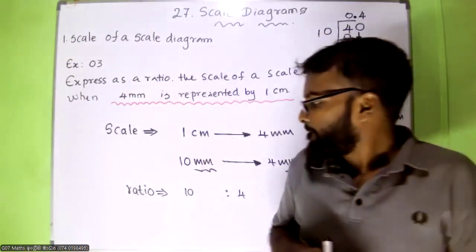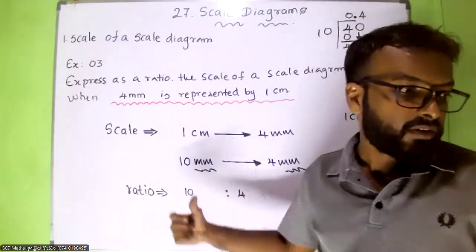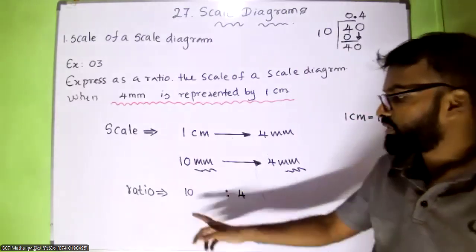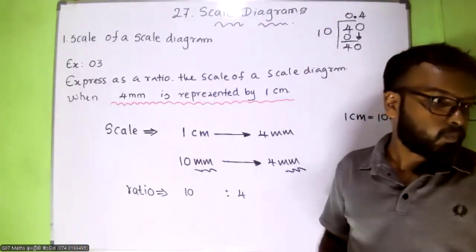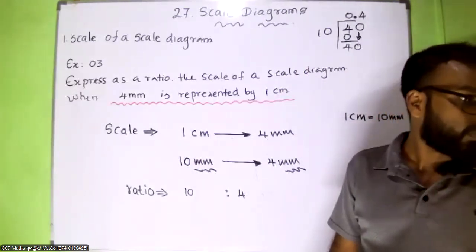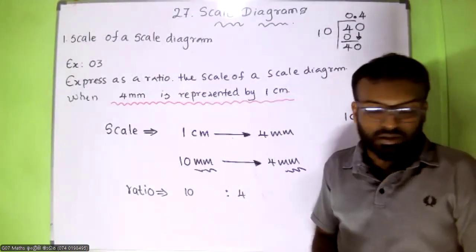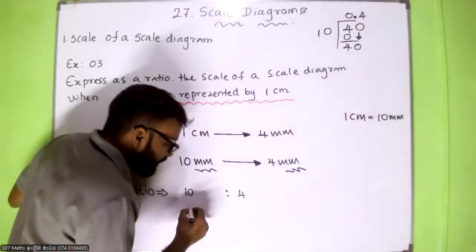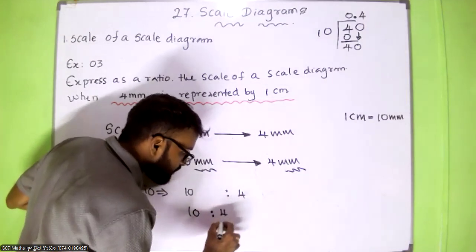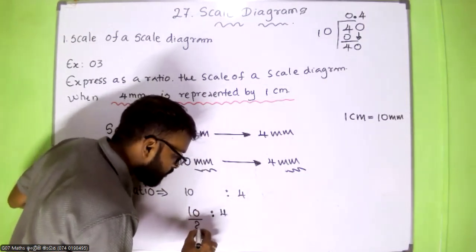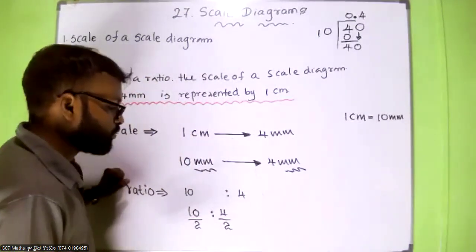Can you find any common factor for both 10 and 4? Yes or no? Tell me. 2. Yeah, 2. So here, 10 to 4. You are going to divide 10 by 2 and this side by 2.